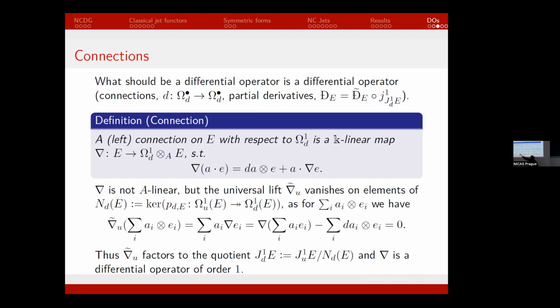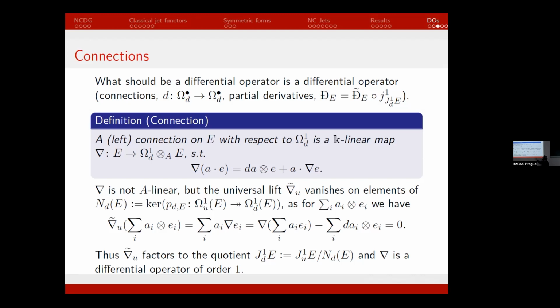So if we take a generic element of that form with the lift, we apply the definition of the universal lift and we get this object. And now we apply the Leibniz rule and we get that this is the product, which vanishes because these elements are in omega 1 of u. And this is precisely PD of E by definition.